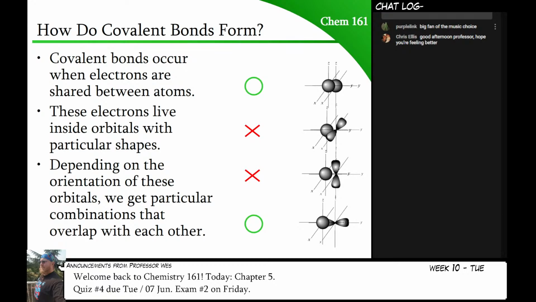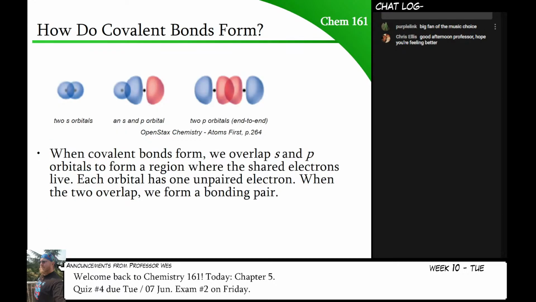In space, there are 3 dimensions, and those 3 dimensions matter when it comes to whether orbitals will physically overlap with each other or not. So only some combinations will lead to bonding.